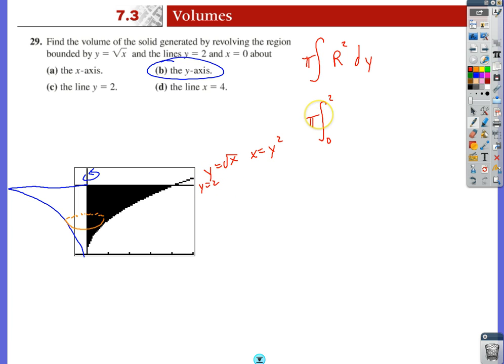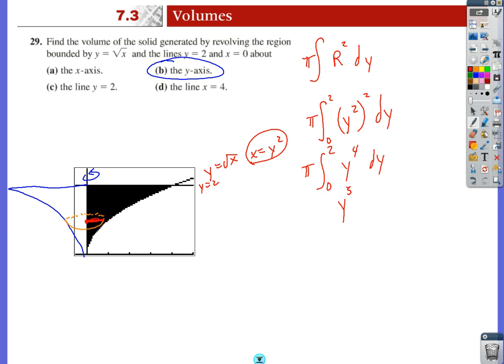Pi is on the outside, big R squared. So what's going to be big R? That's from here to here. That's my function height. What's my function? x equals y squared. So this would be y squared, dy. I'll be able to do this one: y to the 4th dy.